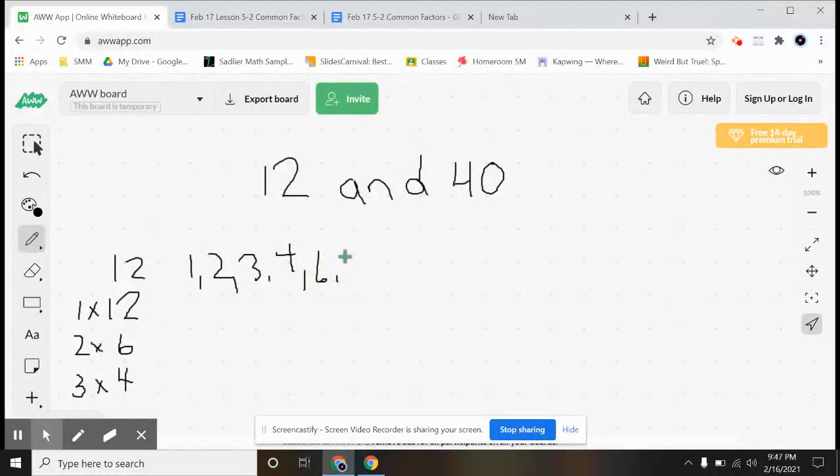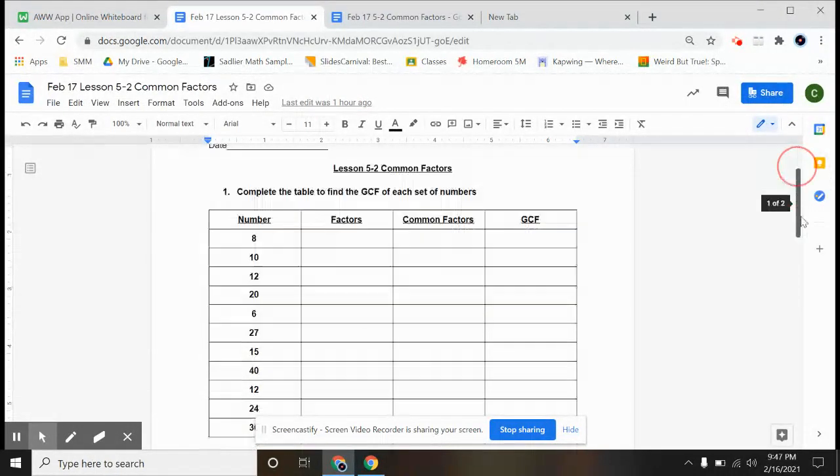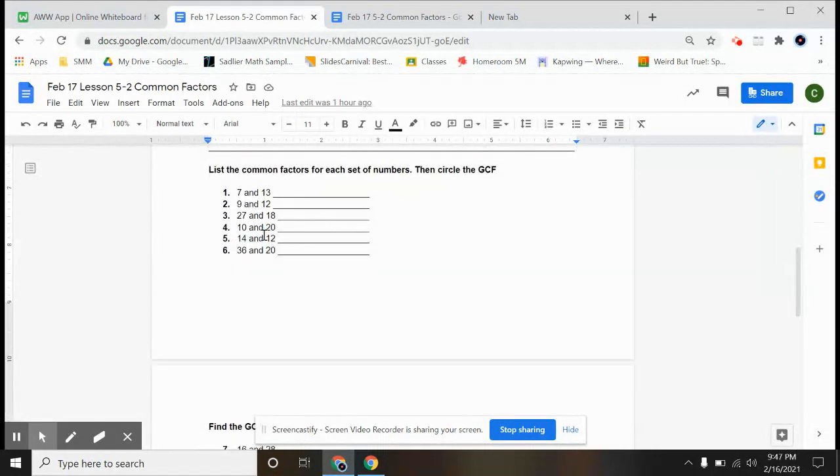In that section on your assignment today where it says list the common factors for each set of numbers, you're going to have to list the factors for 7, and then also the factors for 13.